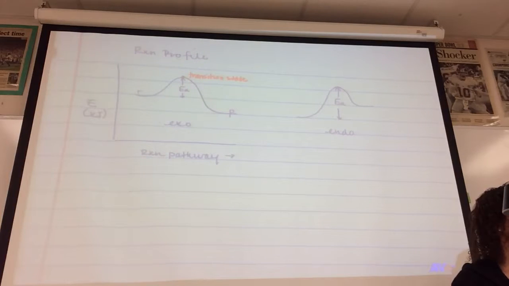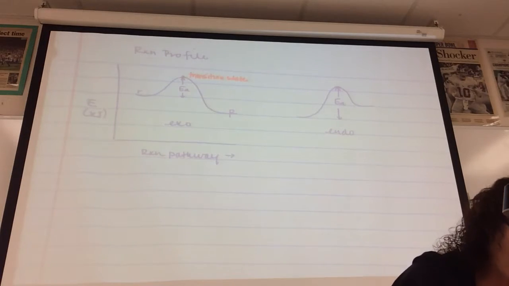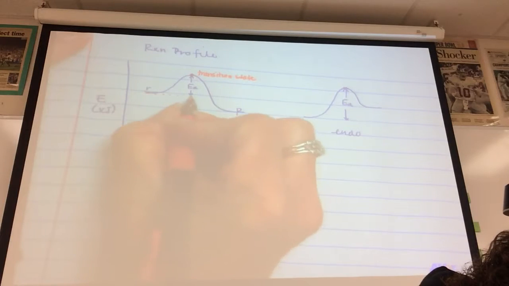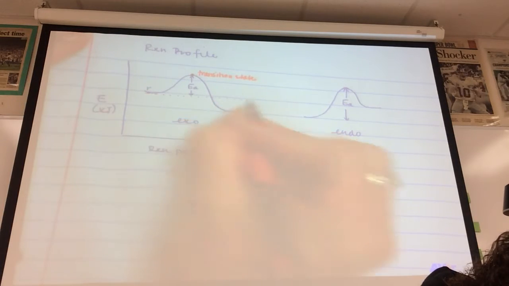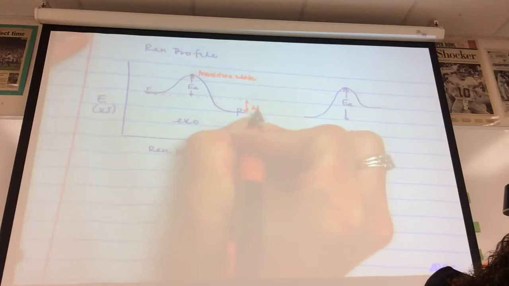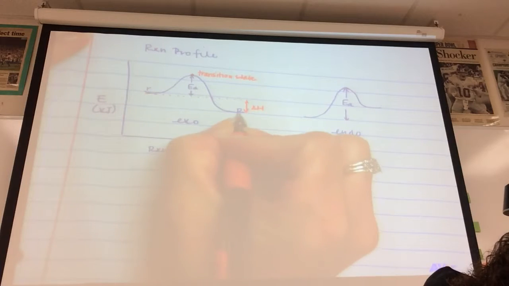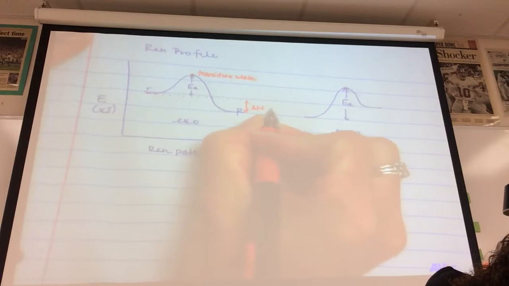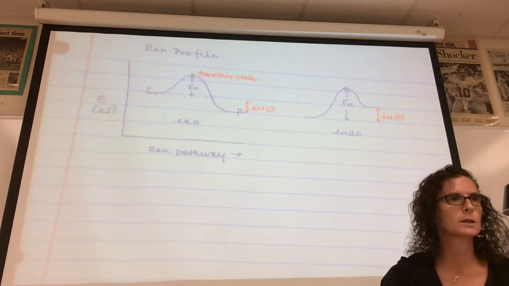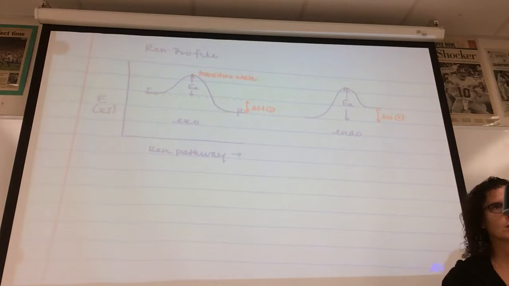In the exothermic one, delta H would be negative, and the endothermic, delta H would be positive, right? Absolutely. And so if you did anything with this last year, you will recall, for example, that delta H is the difference in energy between product and reactant. You do product minus reactant, so delta H here is negative, and delta H here is positive. Endo versus exo. Exo, release of heat or energy. Endo, absorption of.